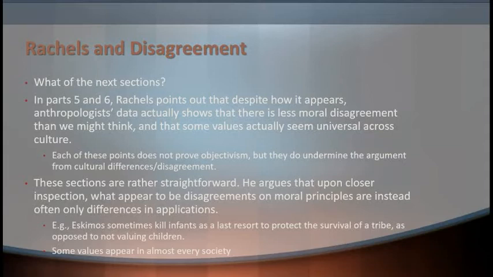And these types of values, like valuing human life and protecting your children, appear in almost every society. Rachels even argues that some of these values are necessary for society to exist. A society that wasn't peaceful, that didn't have some sort of structure or government and didn't value its children, wouldn't be a society for very long at all. In order to survive, a society has to accept at least some bare minimum set of values. And these values are shared universally among people.